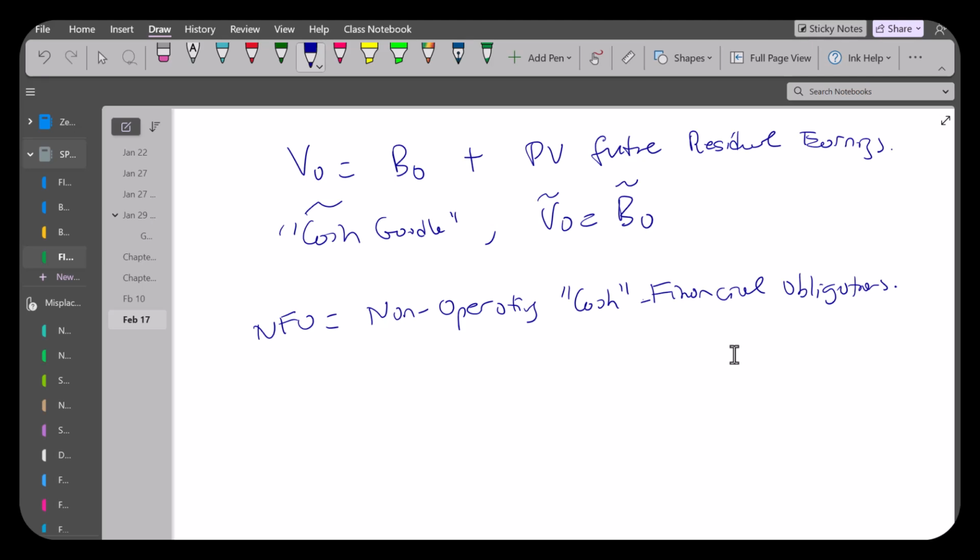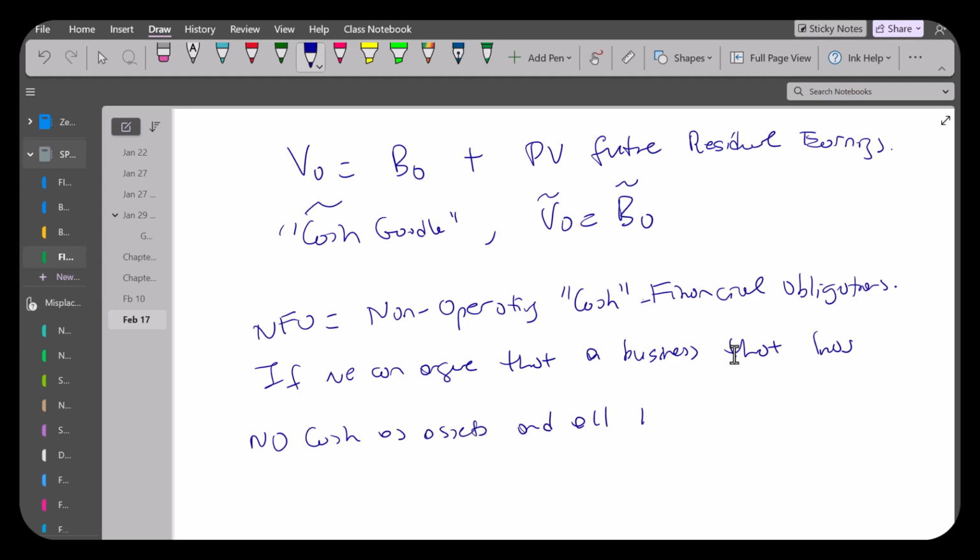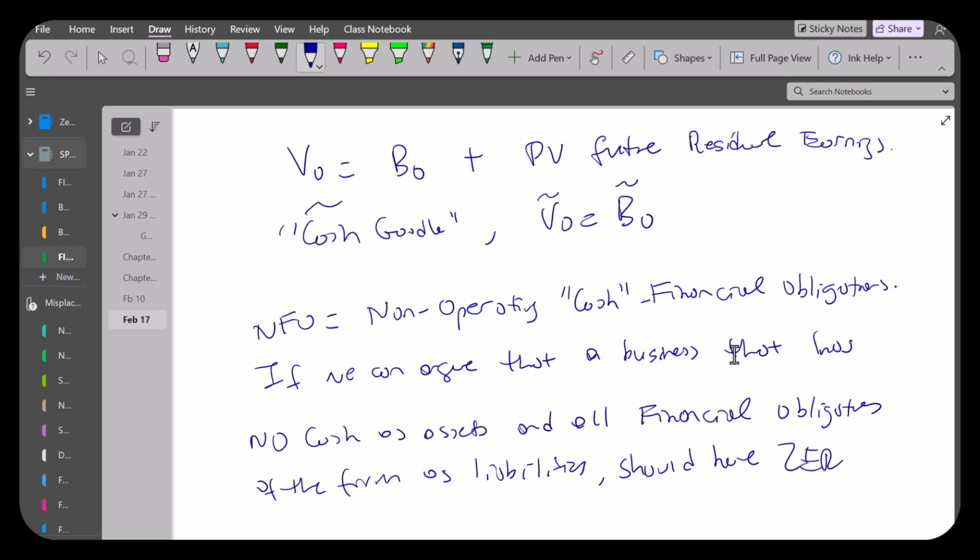So that means if we can argue that a business that has non-operating cash as assets and all financial obligations of the firm as liabilities, whatever the discount rate for that firm is, should have zero RE all the time.